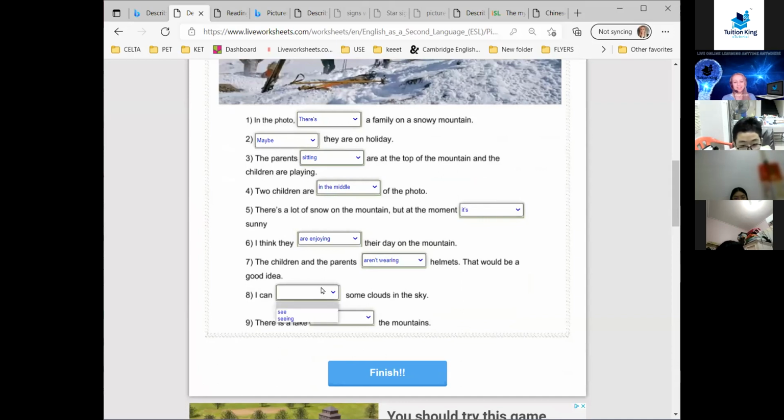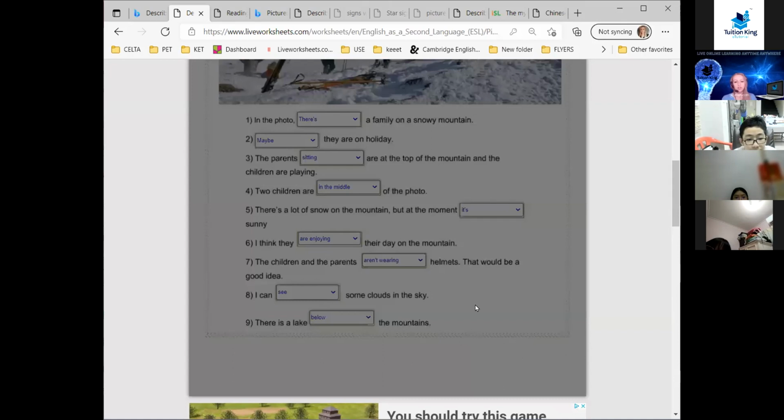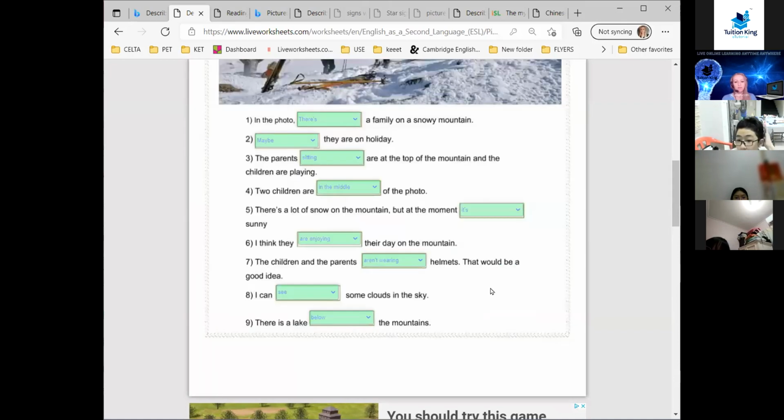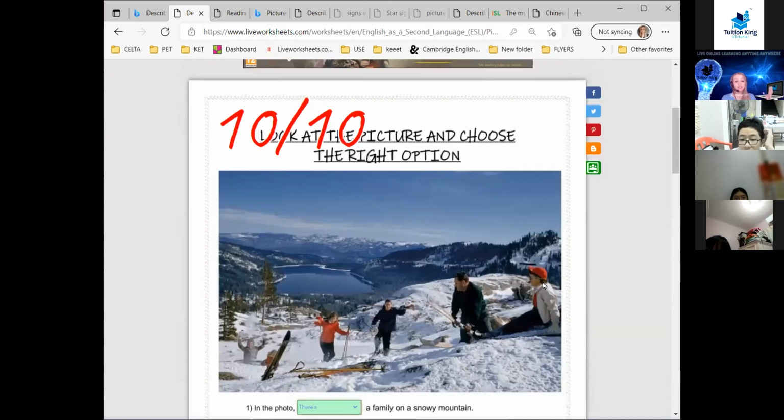I can see some clouds in the sky. Okay. And T. Roy, number 9, please. There's a lake below the mountains. Below. Do we agree below? Yes. All right, cool. So let's check out the answers. Let's see what have we done. Hey, everything is correct. Amazing.